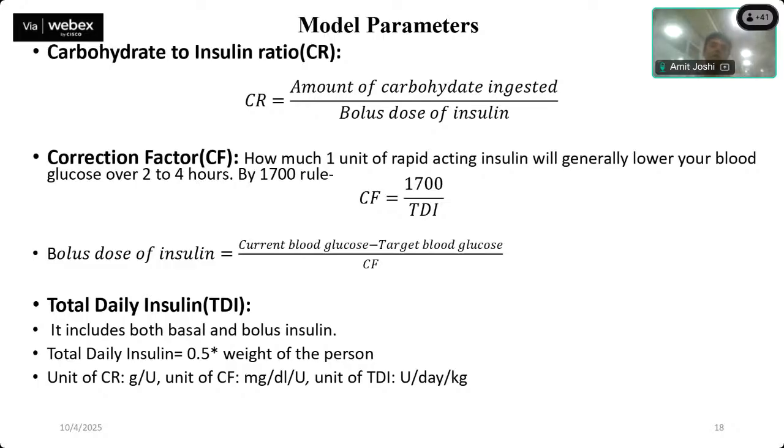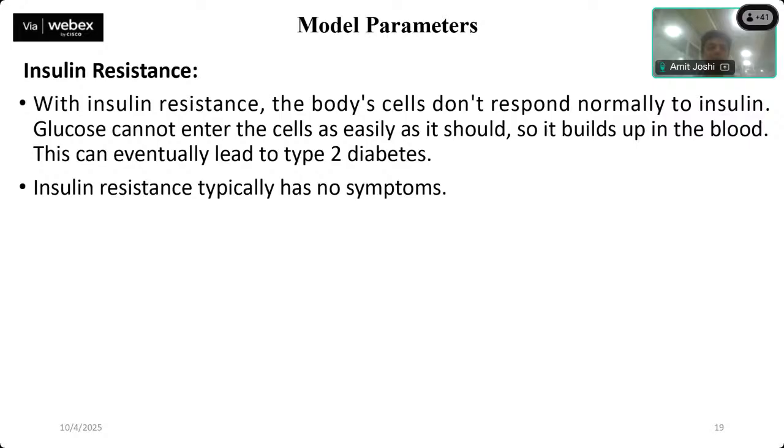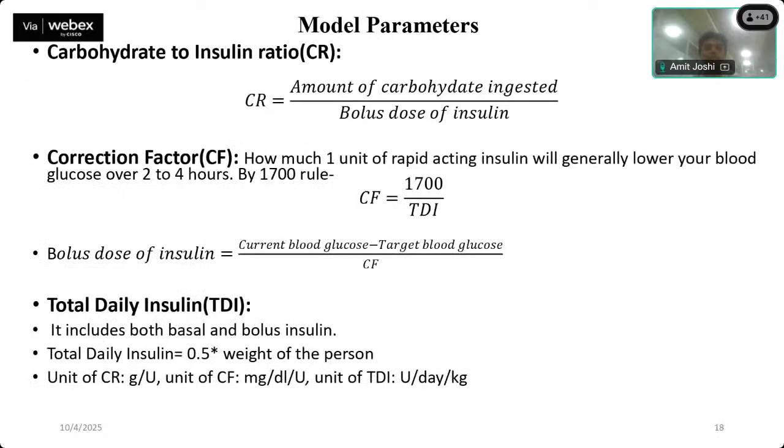This is your carbohydrate to insulin ratio factor: the amount of carbohydrate ingested divided by the bolus dose of insulin. Now, what is a bolus dose? A bolus dose is the insulin which is provided at the time of eating. As I said, a type 1 diabetic is used to taking an insulin injection, and that injection has one particular dose.